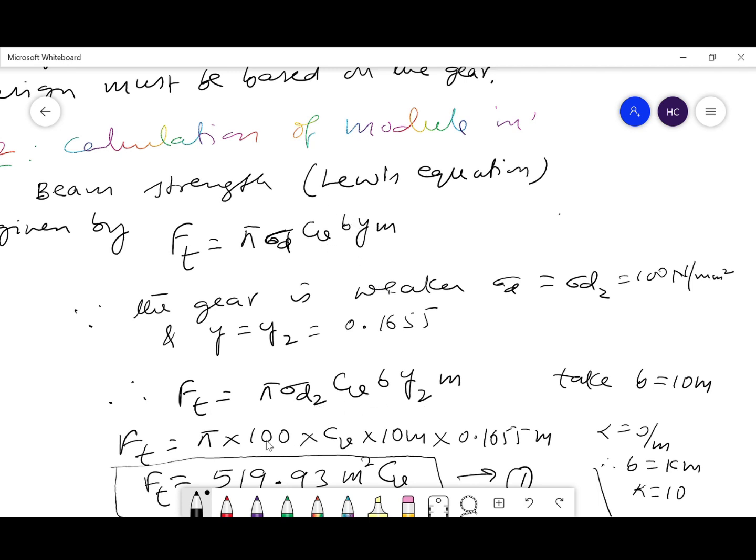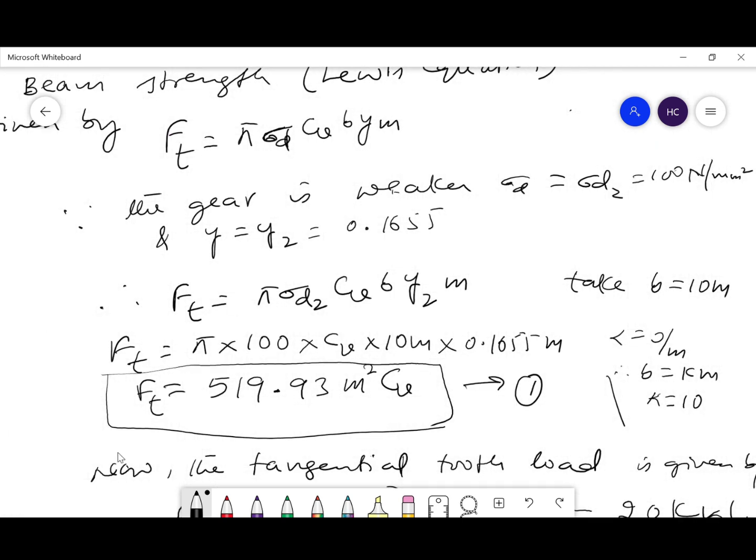And substituting these values here for Ft, we get pi into 100 into Cv. Cv is the velocity factor, we retain as it is. And b is the face width, so we consider face width b is equal to 10 times module, because we know that the ratio k is equal to b by m.